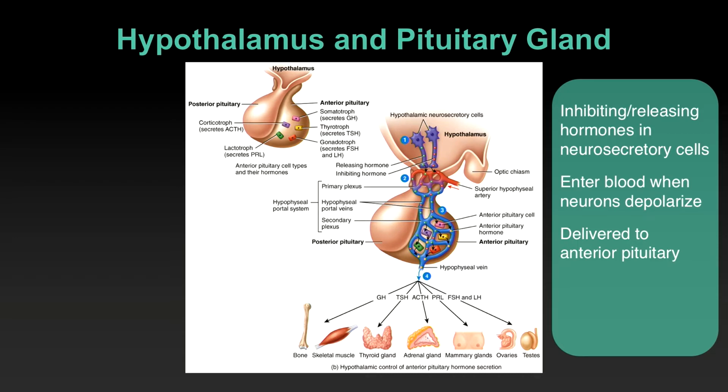The target cells in the anterior pituitary respond. They release hormones in response to whatever is delivered to them in the blood, and then those hormones flow out of the venous drainage through the heart and to the rest of the body. Their target cells are a bit further away.